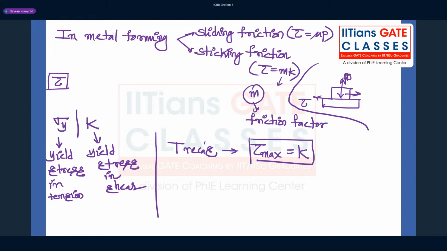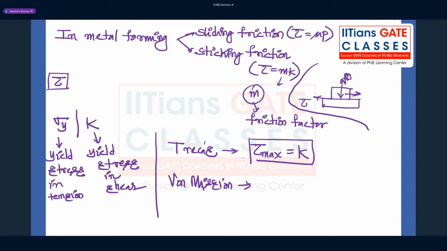And there is another criterion, the von Mises criterion, the maximum distortion energy criterion. Here they say plastic deformation occurs when the strain energy reaches its critical value. Let's not go into depth; we are not here to discuss all this.